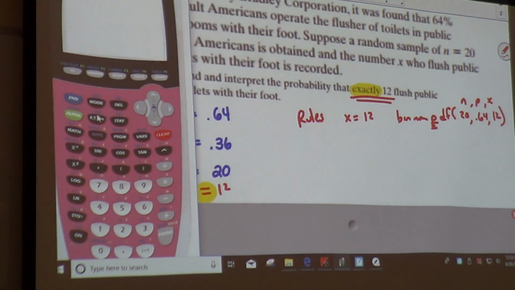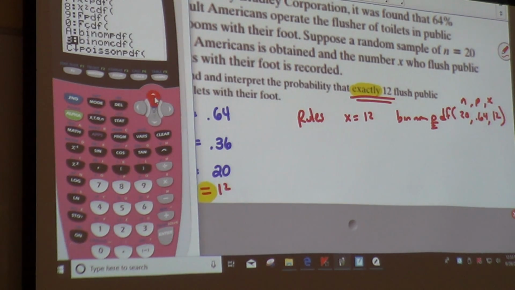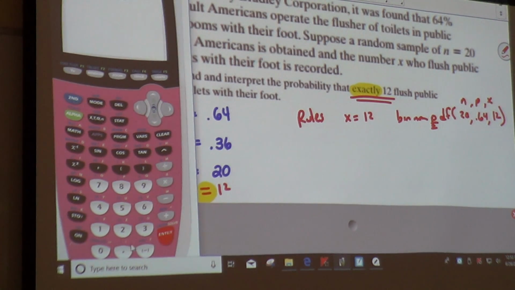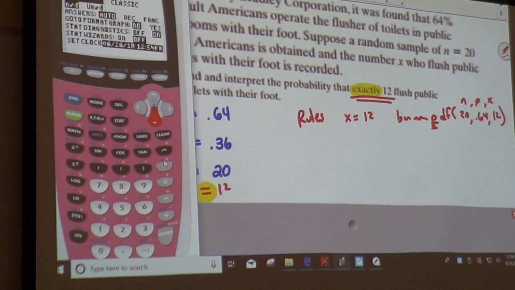So I go to my calculator. I'm going to do second bars, go down to binomial PDF, and enter 20, 0.64 and 12. Oh, I changed the mode and forgot to change it back on the break.